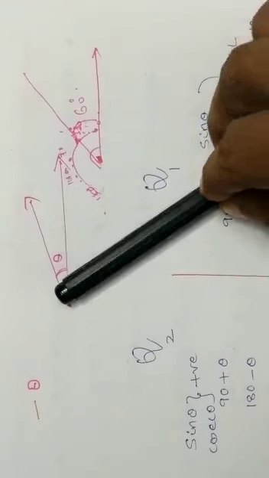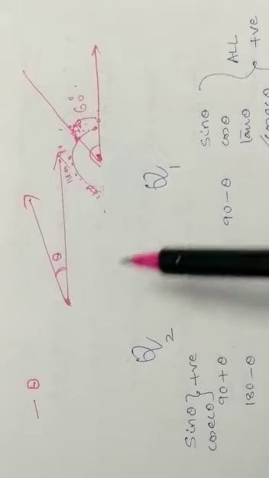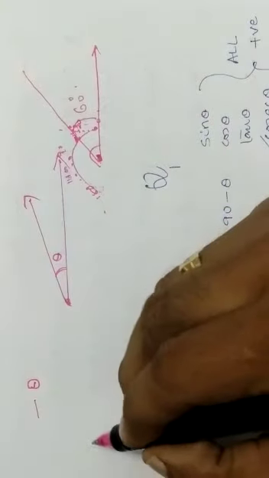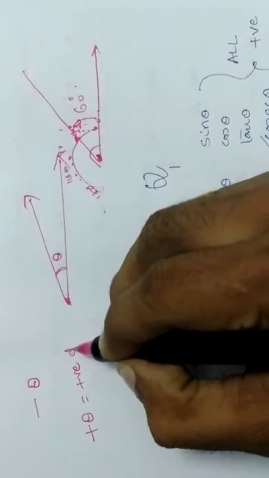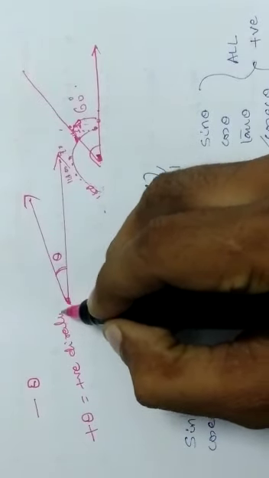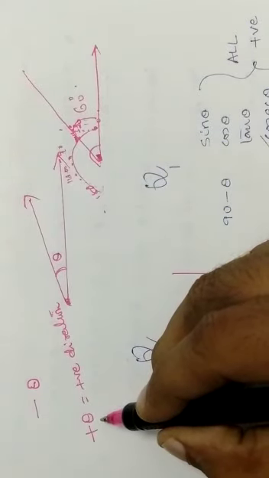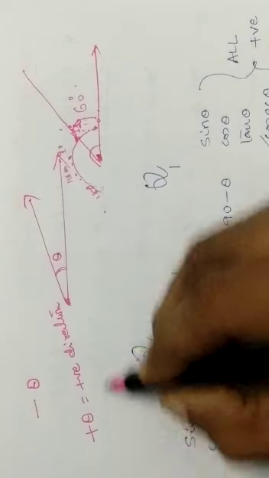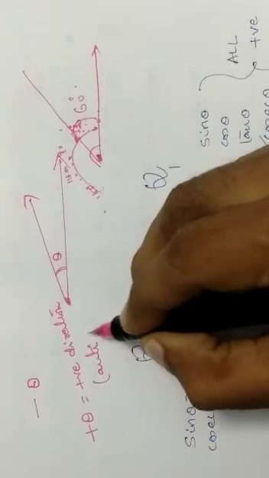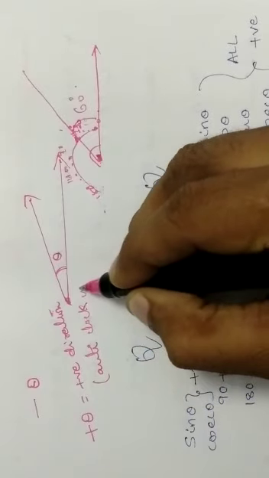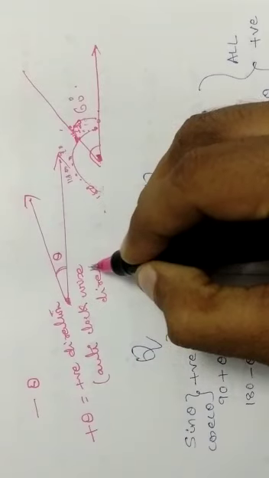So to identify the rotation, plus theta is positive direction. Simply we use theta, it means plus theta. Positive direction is also called anti-clockwise direction.